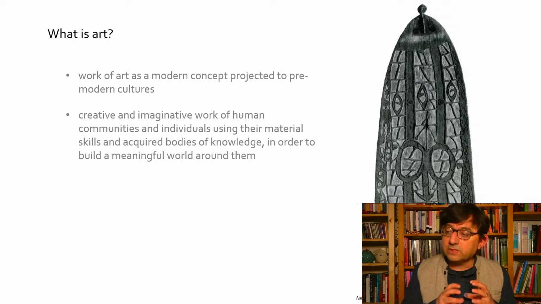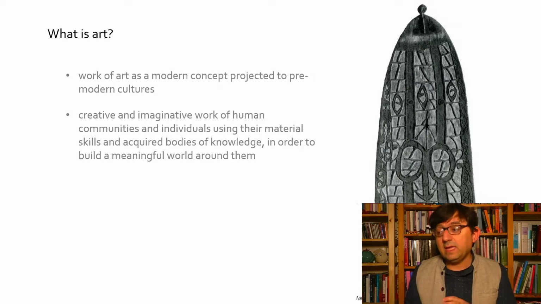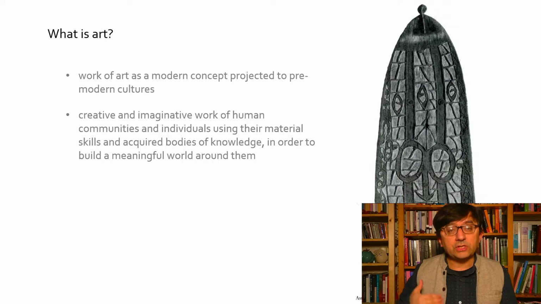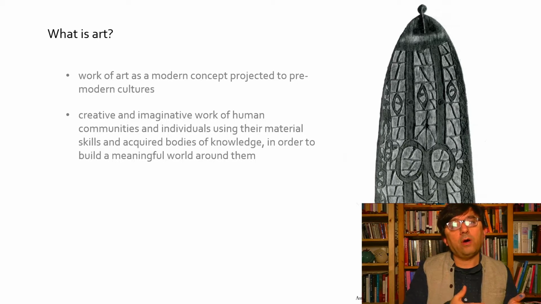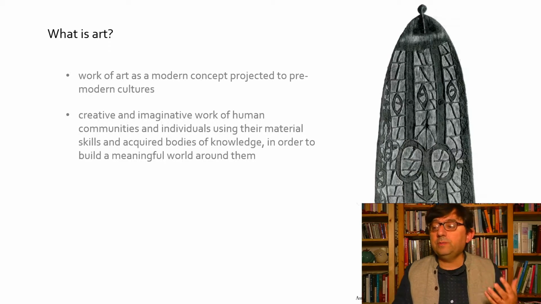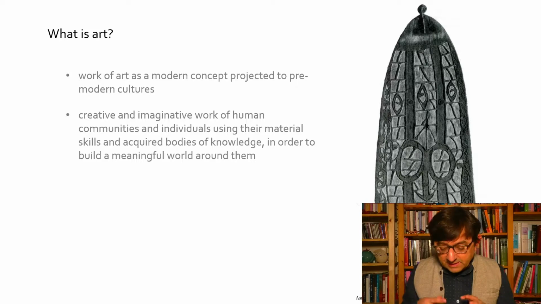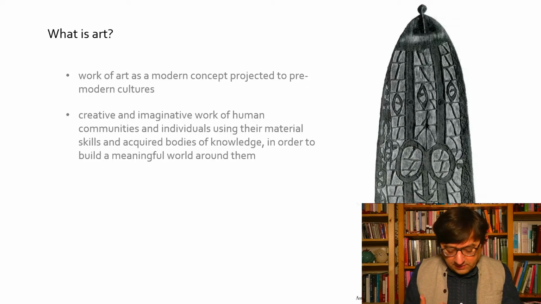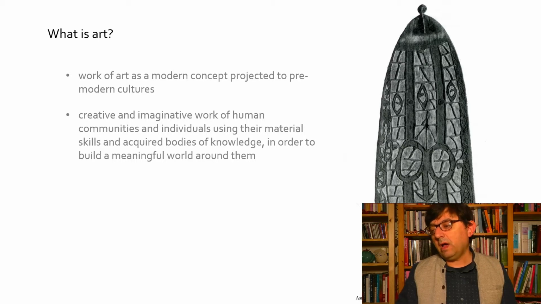These are important material skills, technologies, and acquired bodies of knowledge, understood as artisanal or craft knowledges that are passed on from one generation to another in order to build a meaningful world around them. This is really my working definition. You're welcome to critique it, and we can have a discussion in class about this.